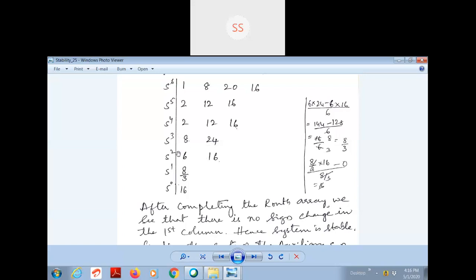For the s square row, assume the values are d1 and d2. d1 is equal to 8 into 12 minus 2 into 24 divided by 8, and the answer will be 6. The next value is 8 into 16 minus 2 into 0 divided by 8, and the answer will be 16.